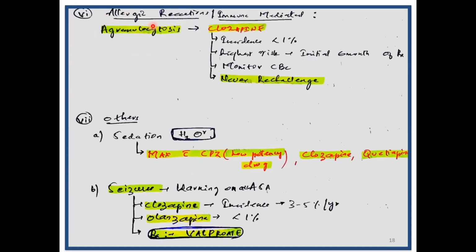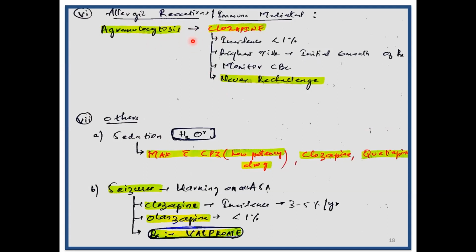Let us see other side effects, that is immune mediated. One of the emergency conditions which can arise due to clozapine is agranulocytosis. Okay, the incidence of this is less than 1%, and the highest risk is seen within 6 months of initiation of this therapy, and therefore it is important to monitor the complete blood count initially to rule out agranulocytosis induced by clozapine.